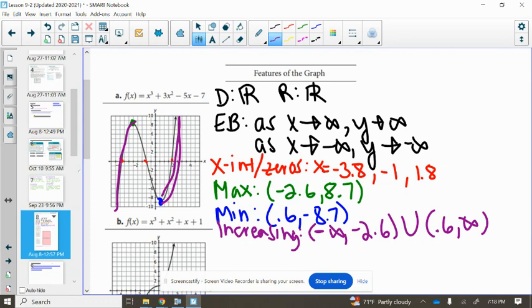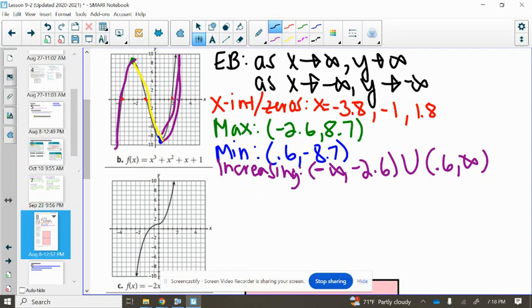The decreasing interval then is in between there, right? The decreasing is coming in between that max and that min point. So we would say from about -2.6 to about 0.6 at that min, those x values is where our graph is decreasing.